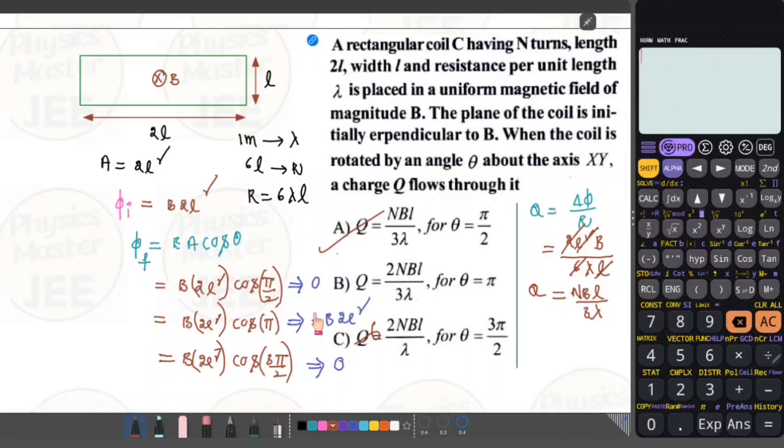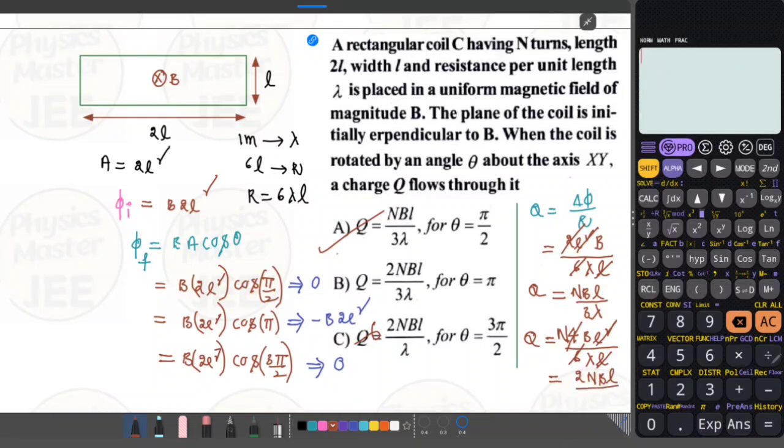So this is nothing but minus BL square. I can write delta phi as flux final minus flux initial. This is minus. So then this became 3 here, and for 180 degrees, the charge can be written like this: 4BL square by, this is nothing but 6 lambda L. So L and L get cancelled, there is n here, and that will be equal to 2NBL.